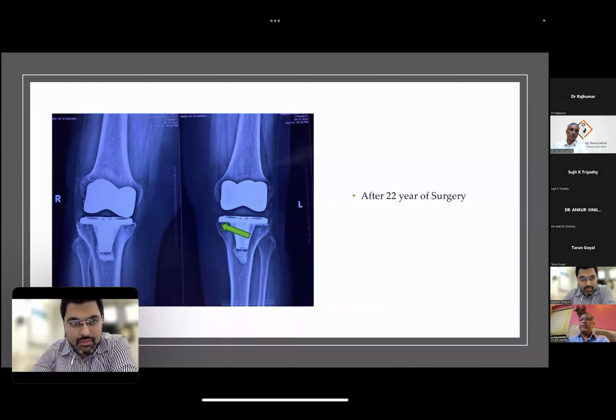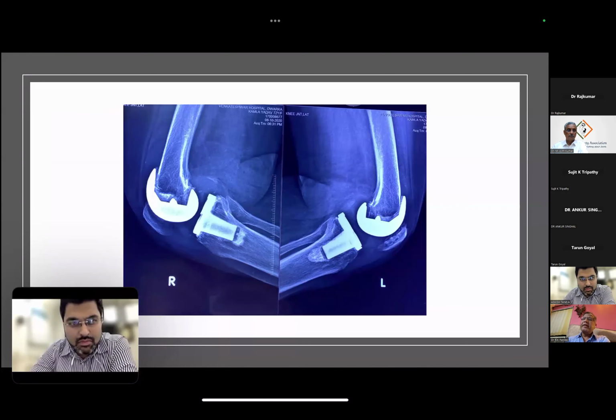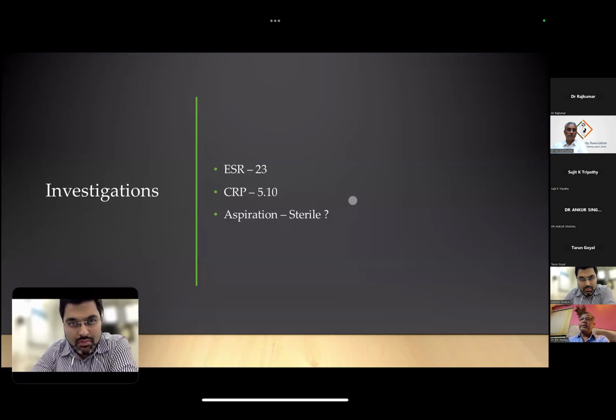You can see there is some lysis on the medial side on the left side, and on the posterior femoral side here you can see there is bone lysis. ESR was 32, CRP was 5.10.